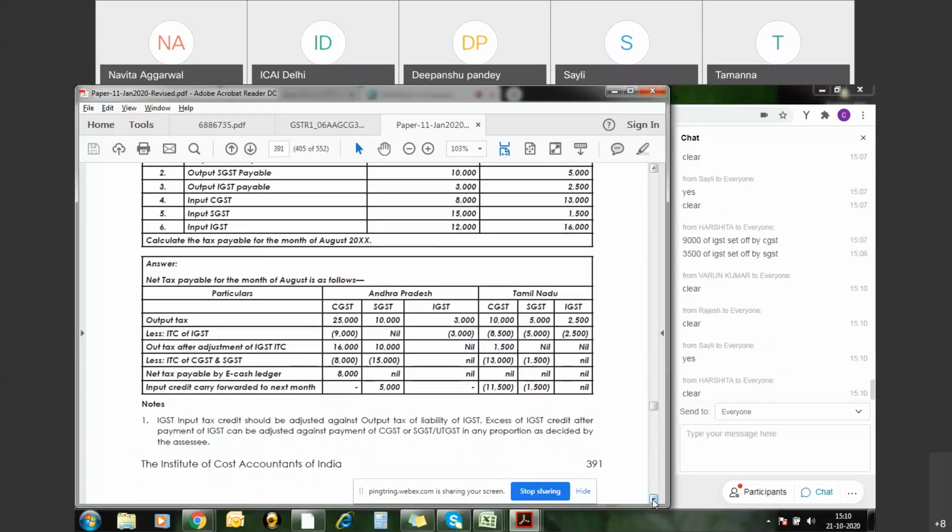We have to just follow the rules. So if we would have applied this, 1,000, 4,000, 1,000 would have been left over, and 1,000 would have been set off using this SGST ITC, and 500 would have been left in input credit carried forward to the next taxable period.